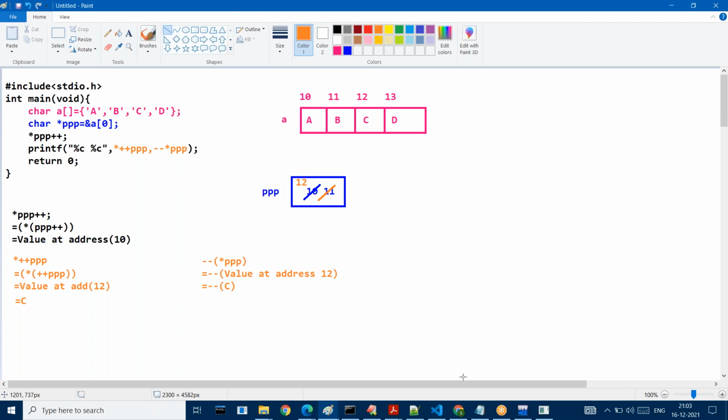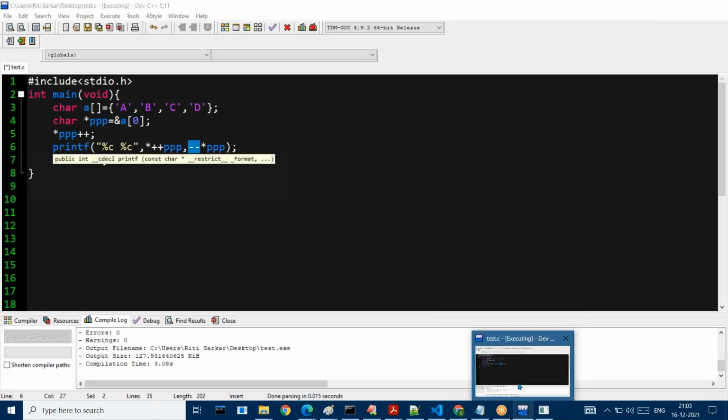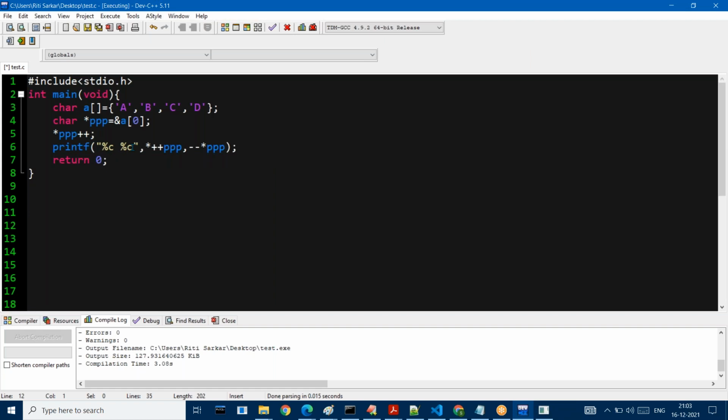The mistake is here, guys. Listen carefully. Printf is a function, and these things are considered as arguments.